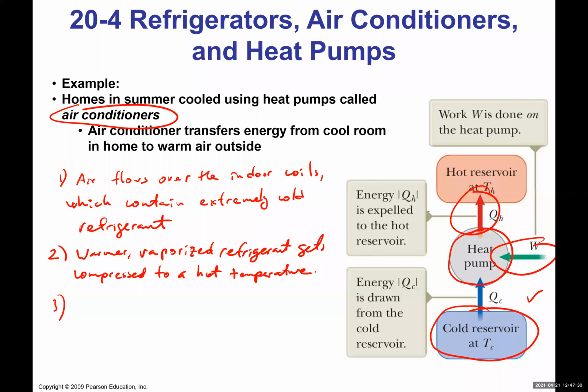Even if it releases all its energy, the temperature is still going to be very warm. So we can say that's still very hot refrigerant. Then it flows into condenser coils, where it loses heat to outdoor air.